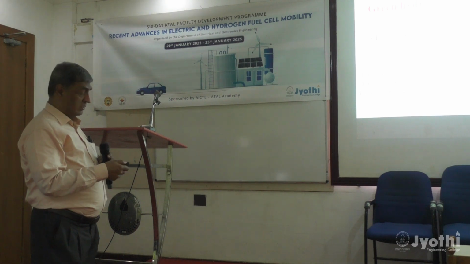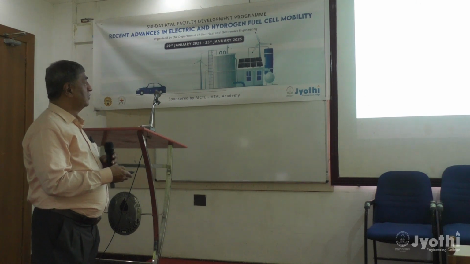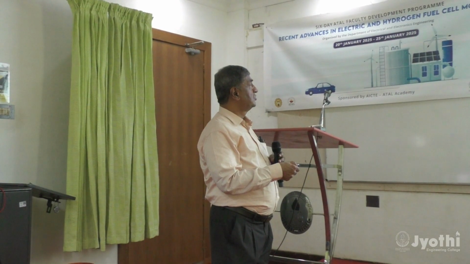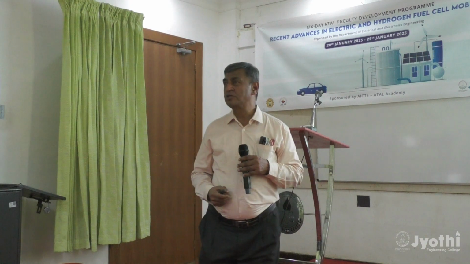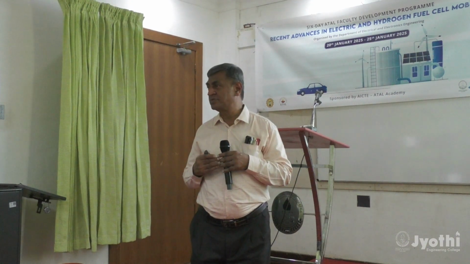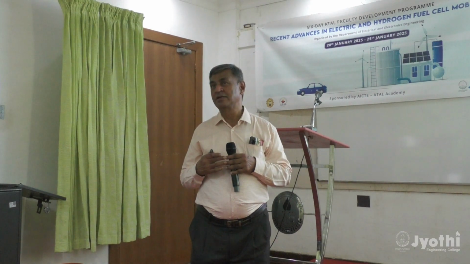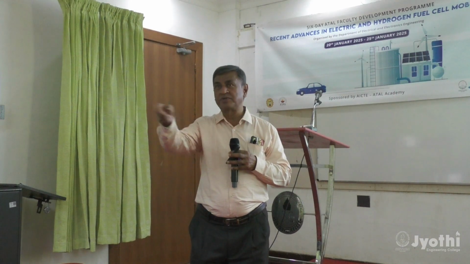Then I must give the reason also. In one of our experiments, if you split water, we know how much hydrogen should come and how much oxygen should come. But it so happened we were getting more hydrogen than what we expected. Where did the additional hydrogen come from? We didn't understand it. Later on we found that the metal pipe through which hydrogen was passing was reacting.